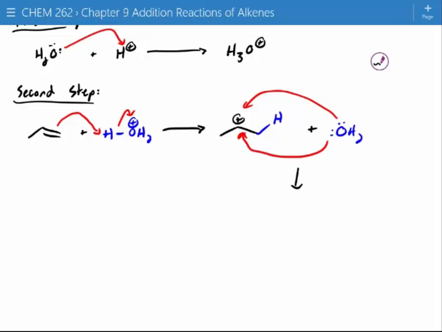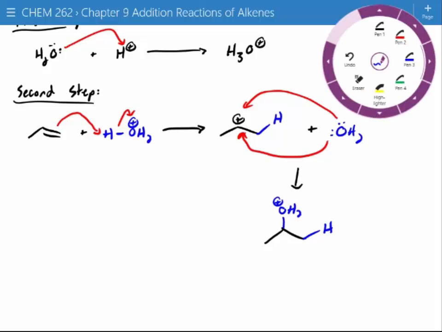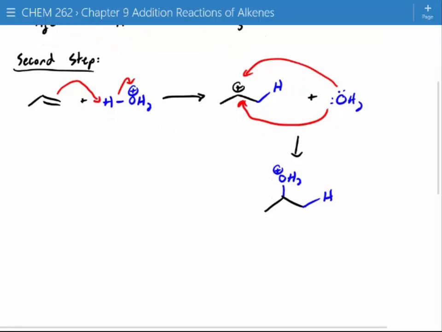So we could draw both enantiomers, but both enantiomers are the same molecule, so we don't really have to worry about stereochemistry. So now we've got OH, let me stick with the color scheme I had, OH2 plus, and we've got our hydrogen over there. And we're not done yet. We've got our third step.